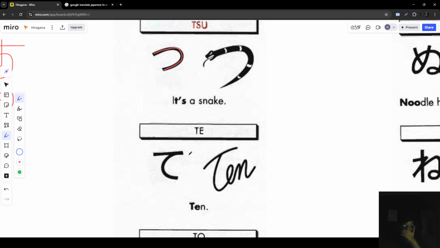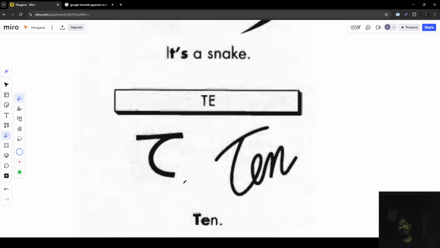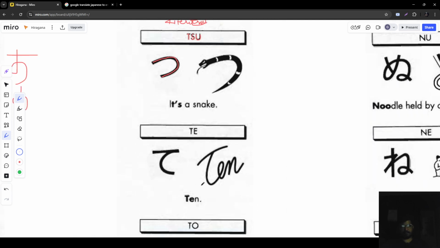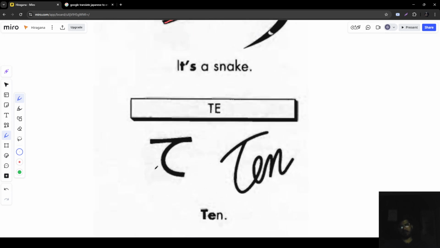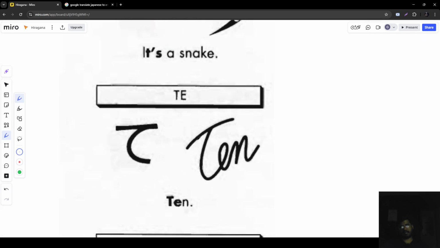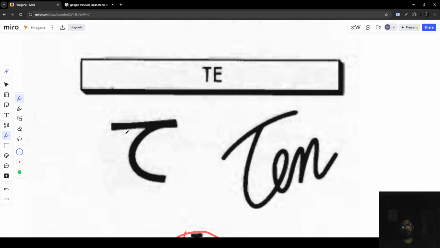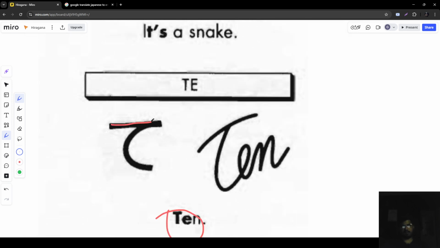After that, it's te, te, te. Over here, it's given that remember it as ten, but I wouldn't recommend this. What I would recommend is remember this as a tail. Tail could be a dog's tail, could be a cat's tail.